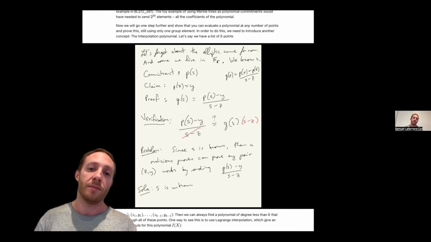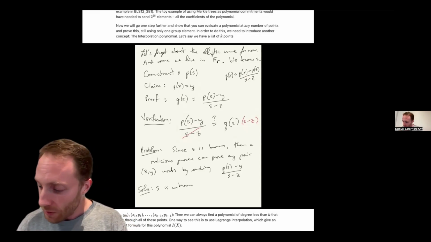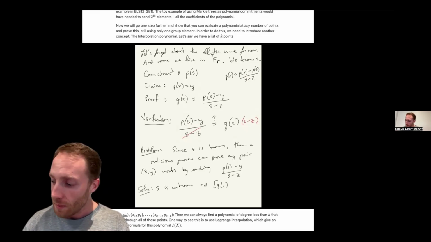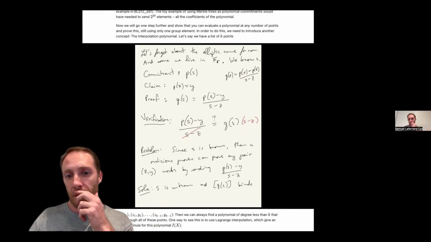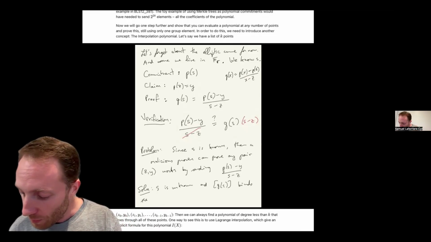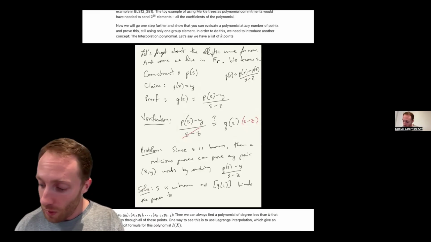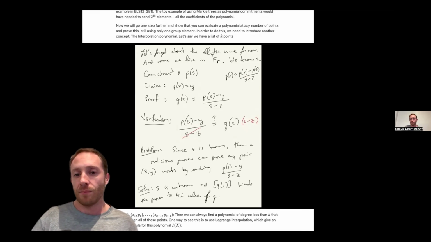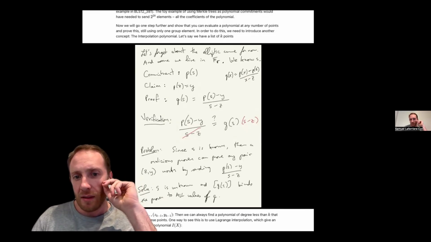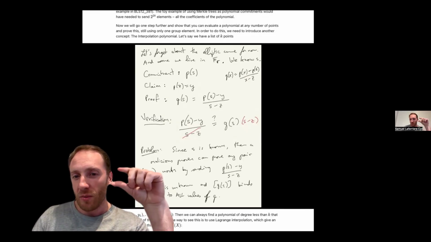That's what the SRS points are doing, and also by submitting Q of S, it binds the prover to all values of Q. Again, we're using the binding property of the pairing.